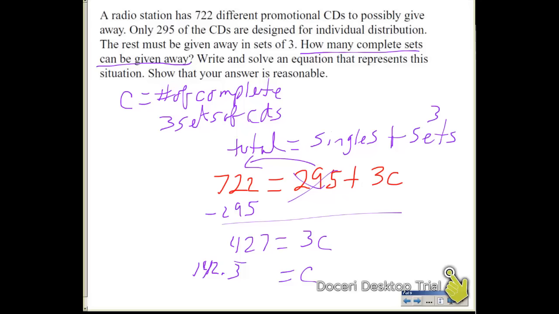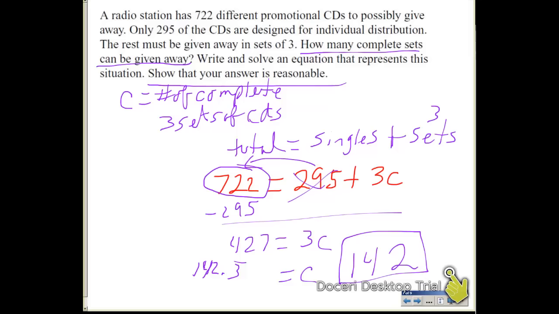Now they did say show a reasonable answer. So the answer here would have to be 142 sets of 3. We can't go beyond 142 sets of 3 because that would take us more than 722 CDs that they're giving away.